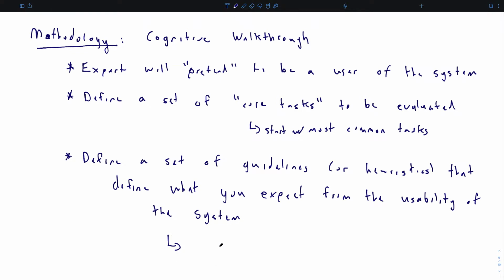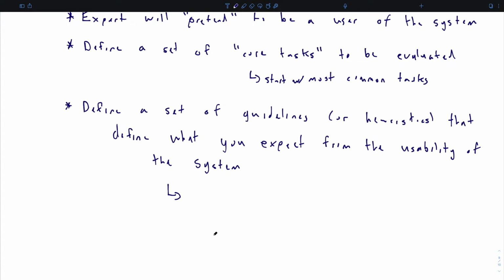Okay, so for example, the user always knows what the next step is. So the user has some goal and they can figure out what they should do next. Maybe the user can recover from any error.